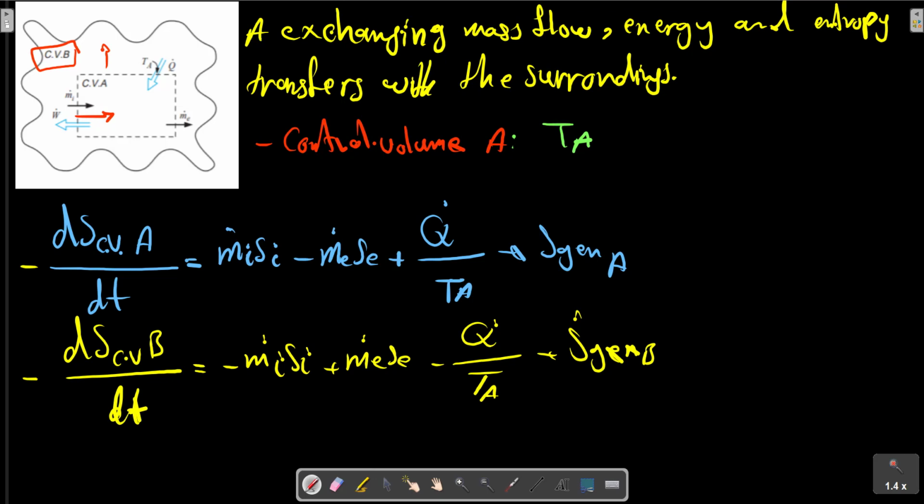Now we will add the two entropy balance equations to find the net rate of change of S for the total world.